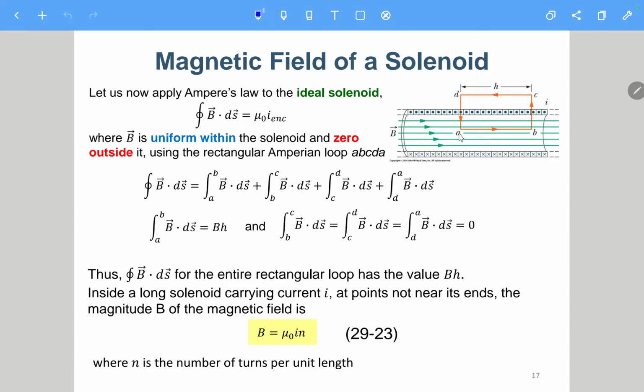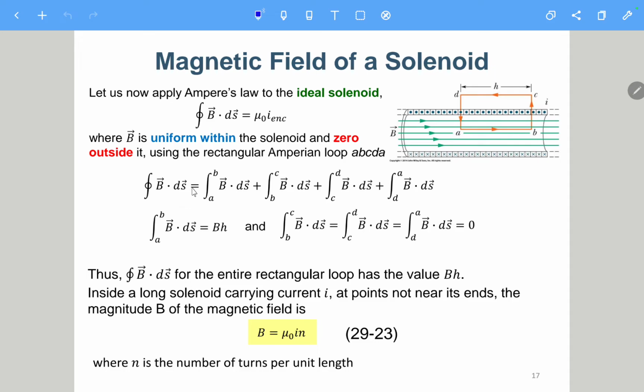We do a similar approximation here: we assume that B is uniform within the solenoid and 0 outside it. Using the rectangular Ampere loop, we can have the following. This is the original Ampere loop, for the closed loop from A to B to C to D and then back to A.